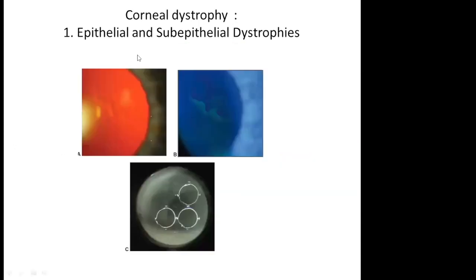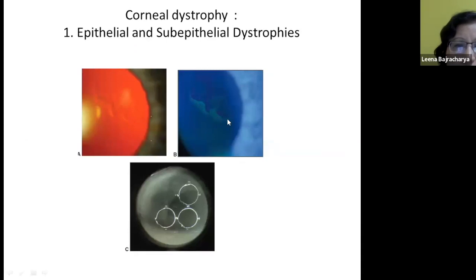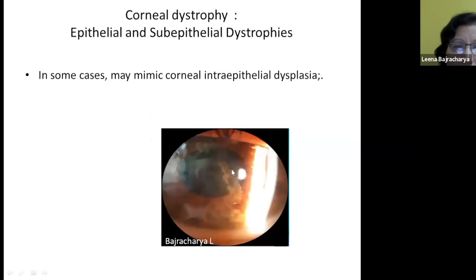So this picture is again showing the loose epithelium and negative staining, and keratometry. Keratometry shows irregular mires, which is because of the irregular epithelium, and this can cause decrease in vision and discomfort. Sometimes the map-dot lesions may mimic intraepithelial dysplasia of the cornea, like in this picture.